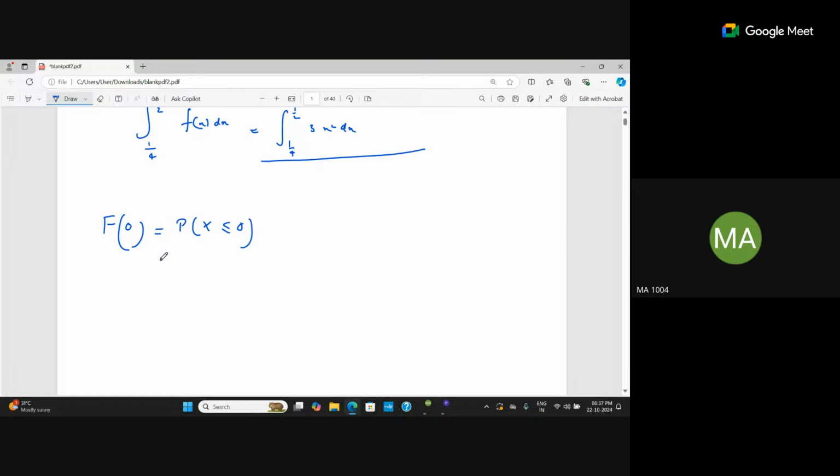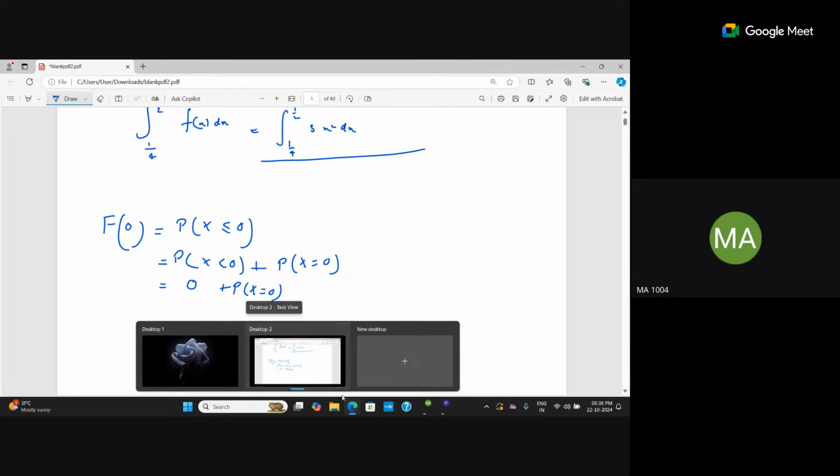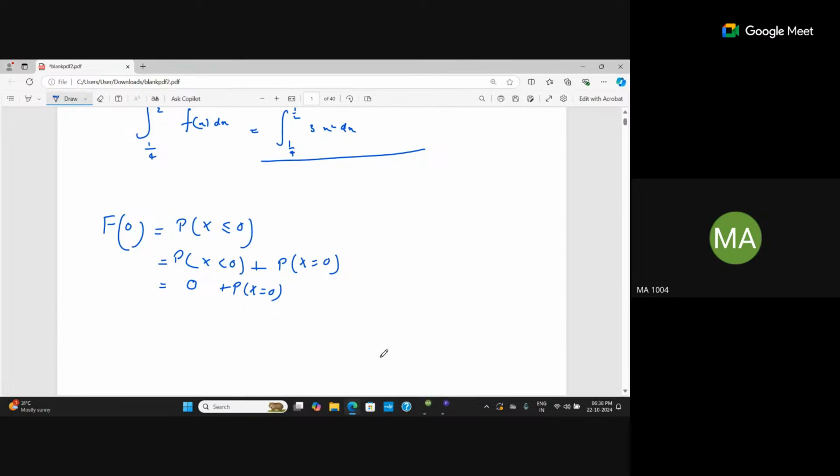This is the formula of CDF. We can also write it like this: probability x is less than 0 plus probability x is equal to 0, right? And x is less than 0 is 0, okay, it will be 0, plus 1/4.